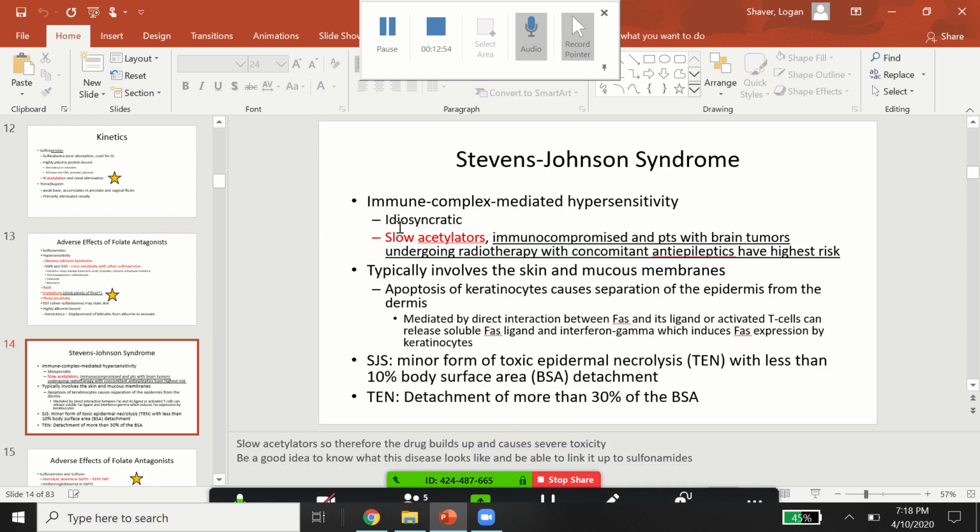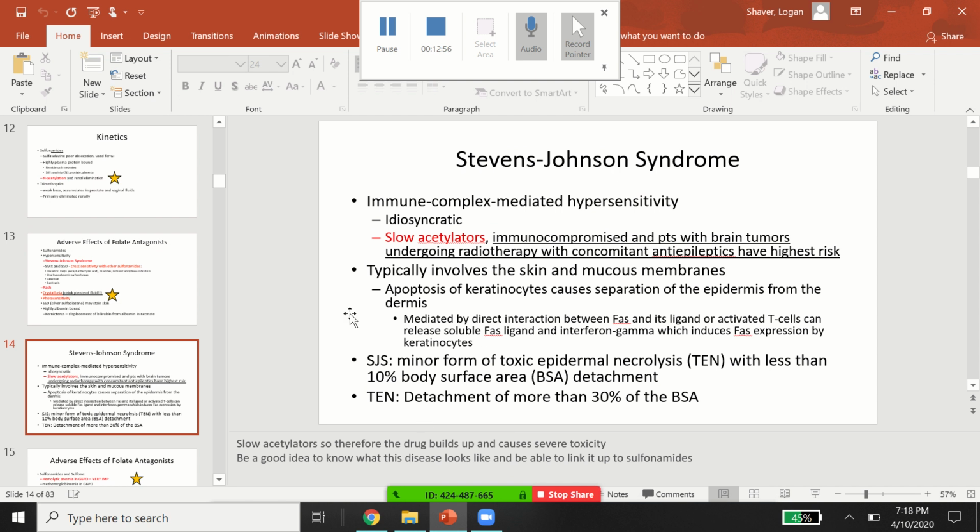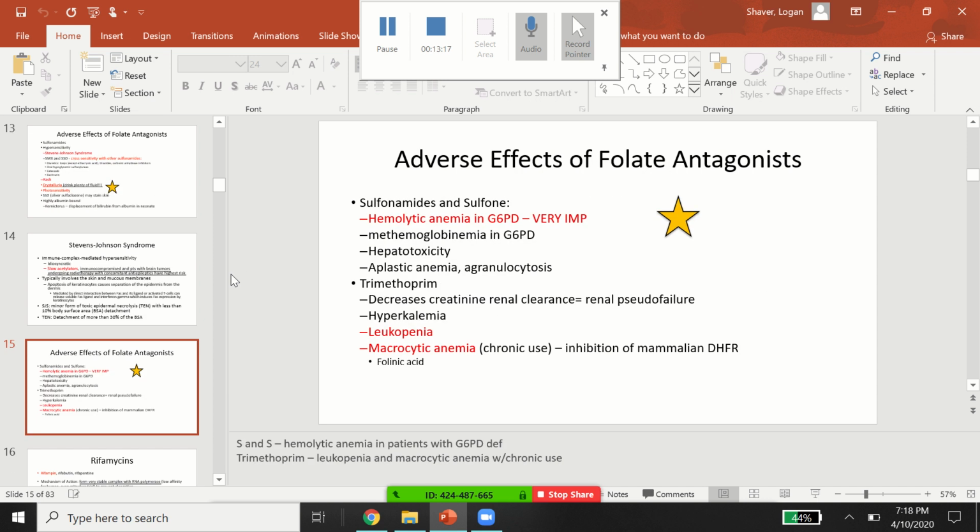Once again, I already mentioned this, the Stevens-Johnson syndrome. I kept this slide in here because it may be important to know what Stevens-Johnson syndrome looks like. That way, if they ask you which drug has the issues with Stevens-Johnson syndrome patients or something like that, then that would probably be sulfamethoxazole, because that's the only one she put in red on those particular drugs.